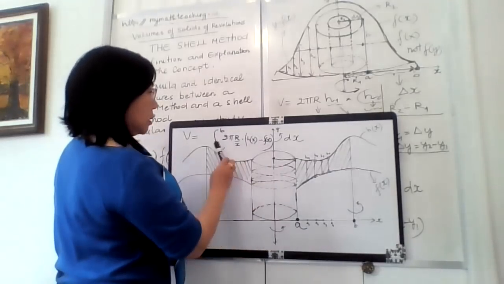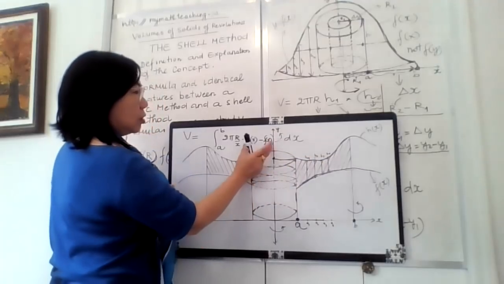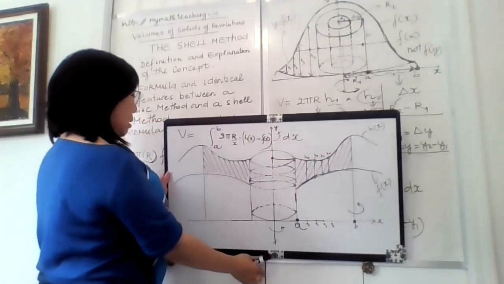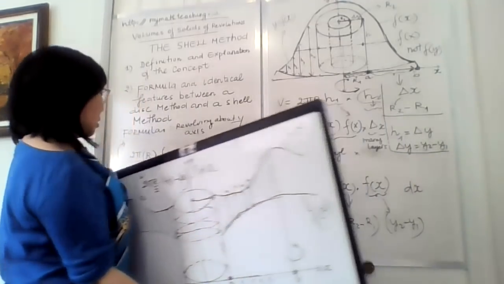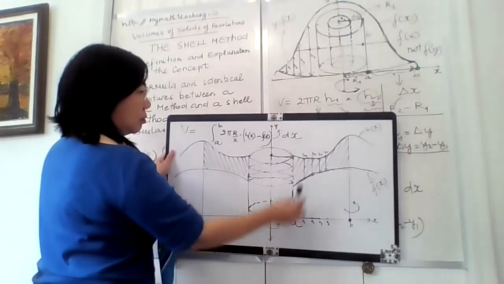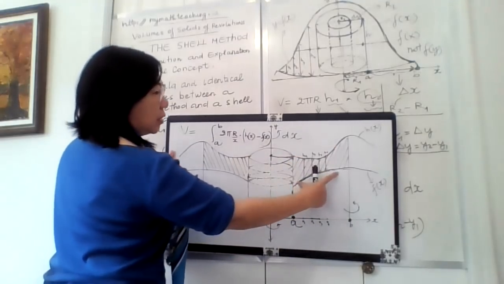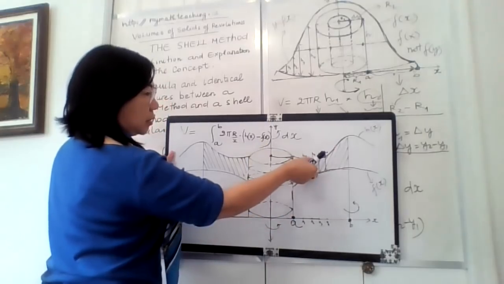So this is the way that you generate the region between two functions. You substitute the f of x here, the f of x for one function, by this difference between the above curve, which is h of x, minus the below curve f of x.